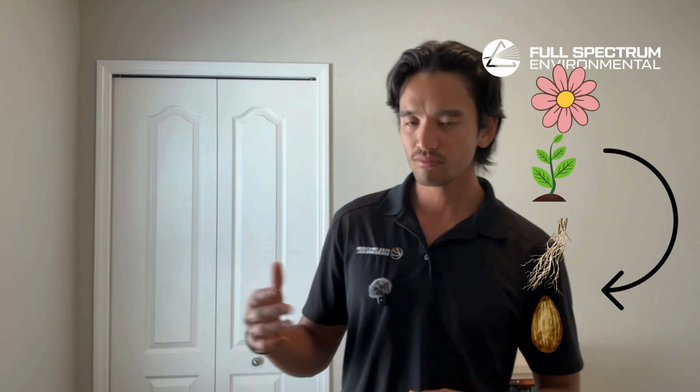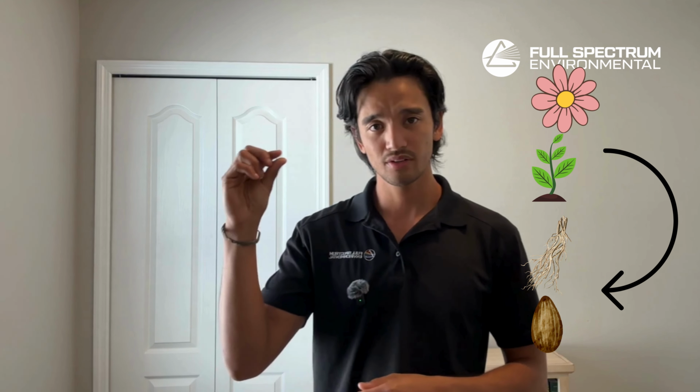So, to better understand this, think of mold like seeds from a plant. When you have a seed and it's in the right conditions, it's going to germinate and grow roots. It's going to grow the body, and then you have the fruiting body like a flower. And then that flower is going to produce spores, and the whole cycle is going to repeat itself. Same way with molds, you have spores.